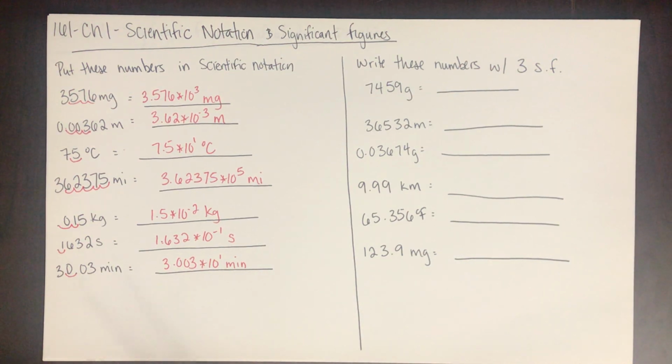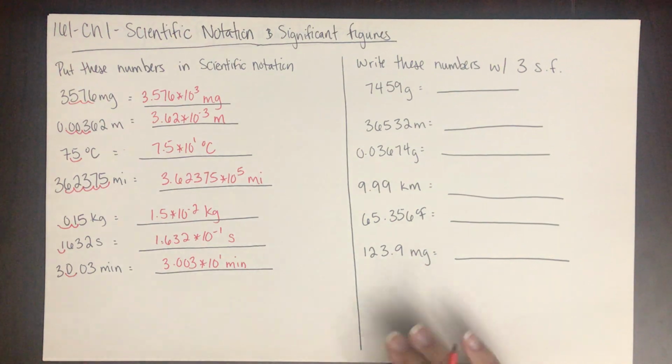A negative exponent means you moved the decimal place to the right. We will use scientific notation a lot in this class because a lot of the quantities that we'll be dealing with in chemistry are either really big numbers or very small numbers. So we will use a lot of scientific notation.